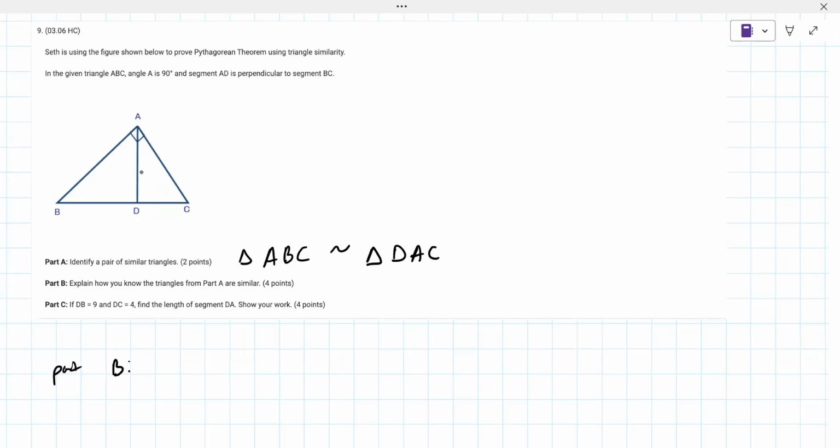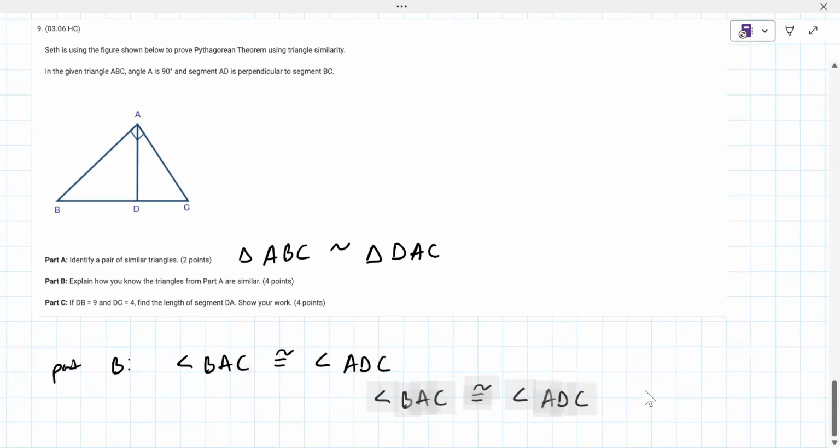Part B, we have to start by saying that angle C is congruent. Well, you got to use the right letters. We can't use one letter. So we have to say that angle BAC is congruent to angle ADC. Actually, before that, we can't even say that yet.